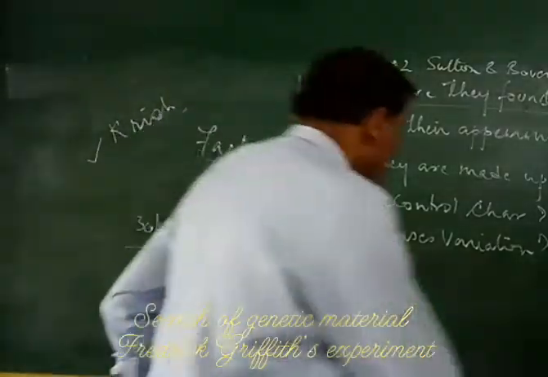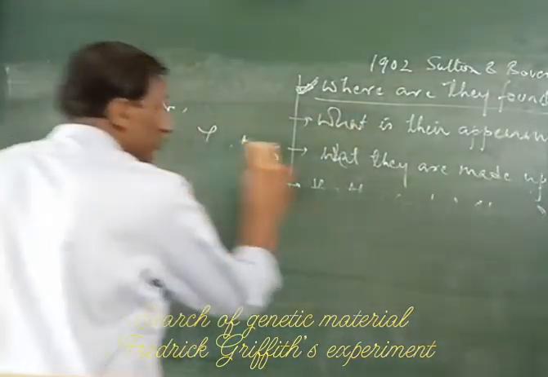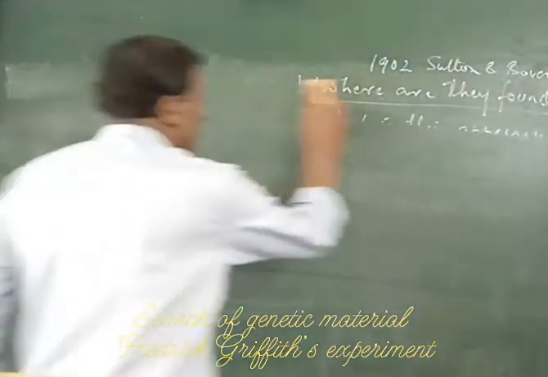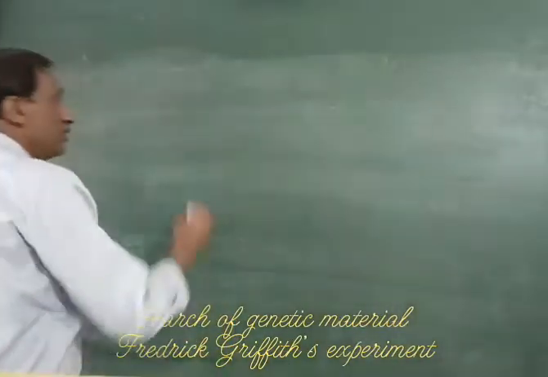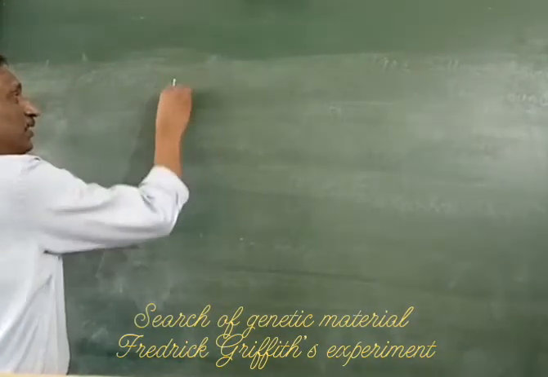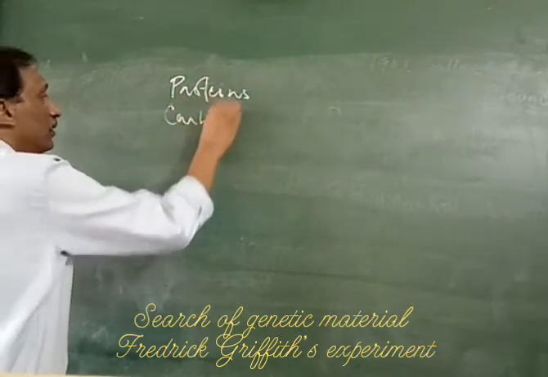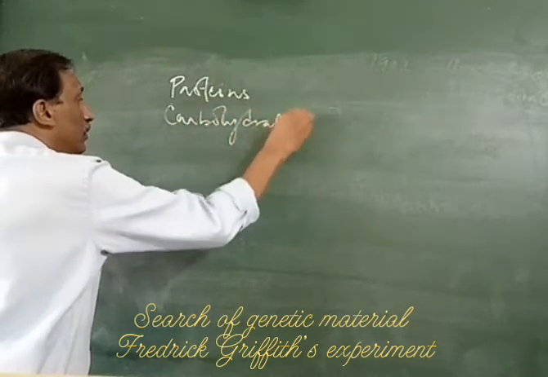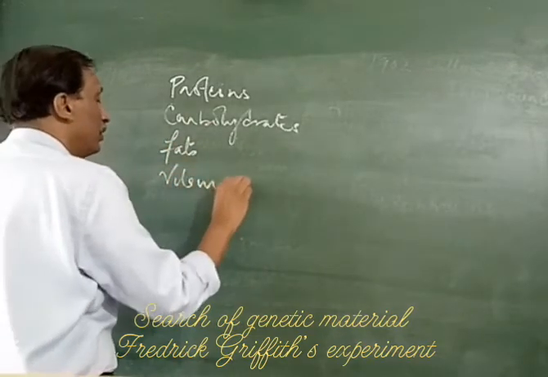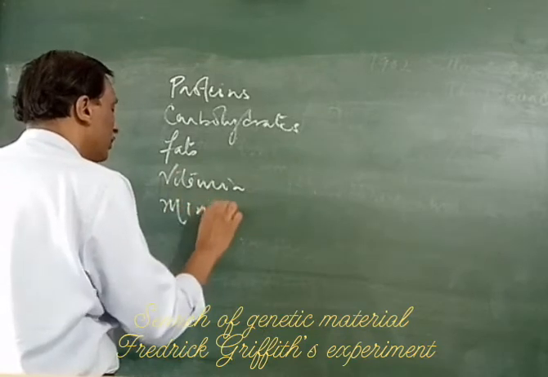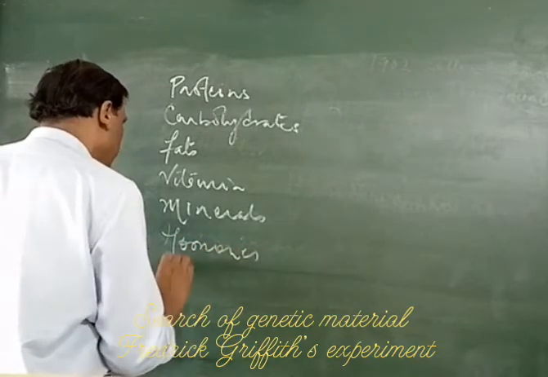So now we are looking for which can be the best candidate for a factor. The kinds of molecules which are found in living beings are proteins, carbohydrates, fats, vitamins, minerals, even hormones, and nucleic acids.